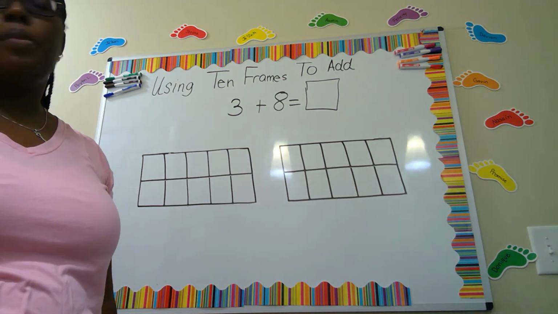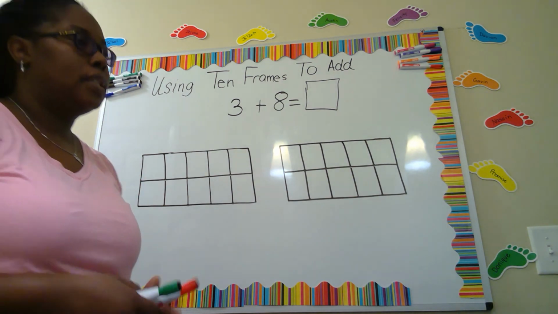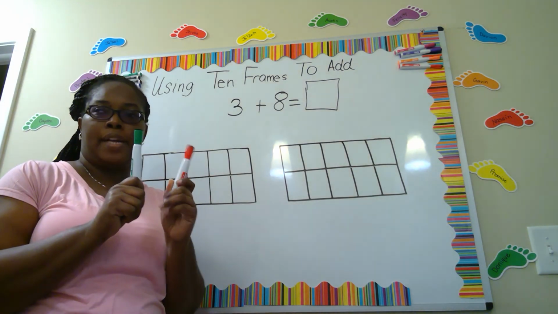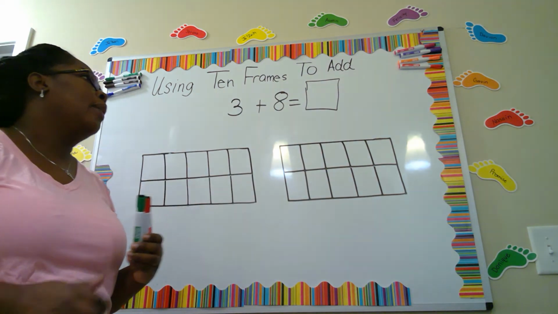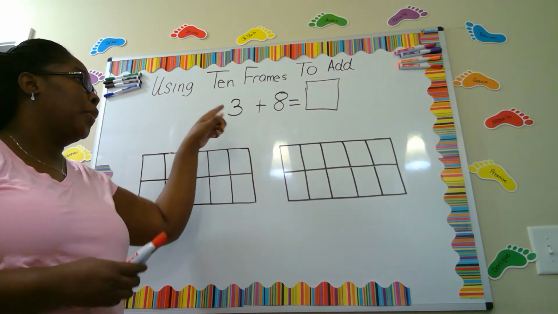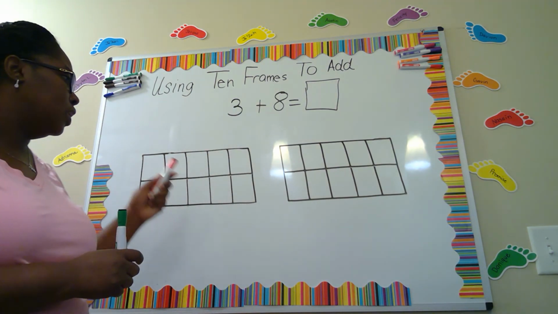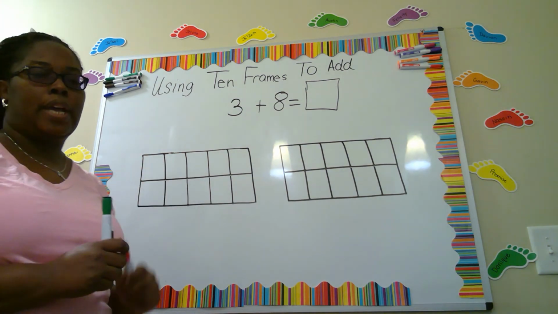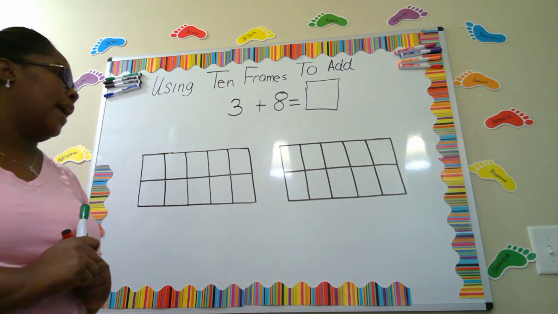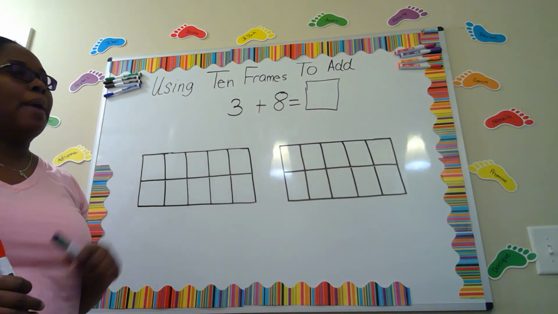Okay? Now, what I want you to do, pick 2 colored crayons or markers. I have my 2 crayons, markers. And I want you to model. Pick 1 color crayon. So if I'm going to model 3 counters, I'm going to use my red crayon to show 3 counters. And I'm going to count out 3 counters and draw my counters inside. Then I'm going to switch crayons and model 8.